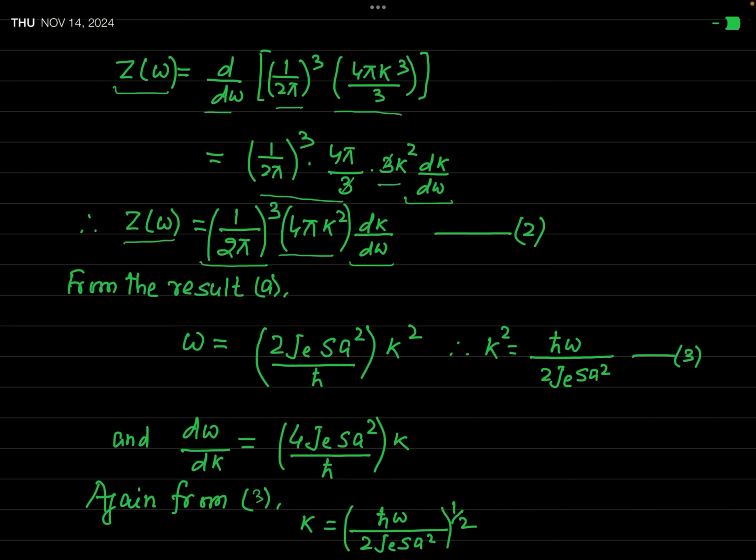Now for getting the value of z of omega, first of all we have to find the value of dk by d omega. And you know, this dk by d omega can be obtained from the dispersion relation, because dispersion relation relates omega with k.